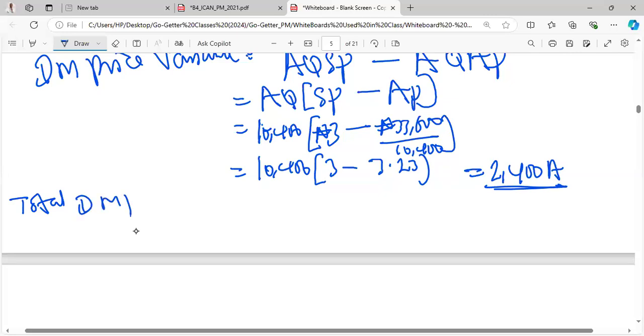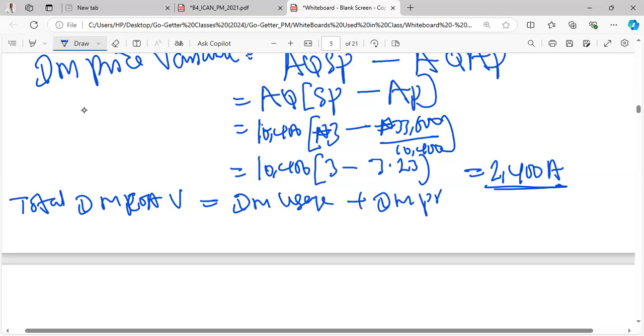So you now see that total direct material cost variance is equal to direct material usage plus direct material price, because usage was calculated first.